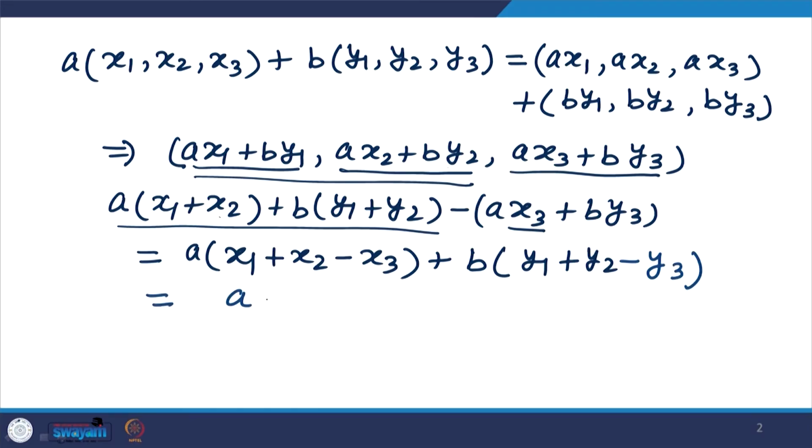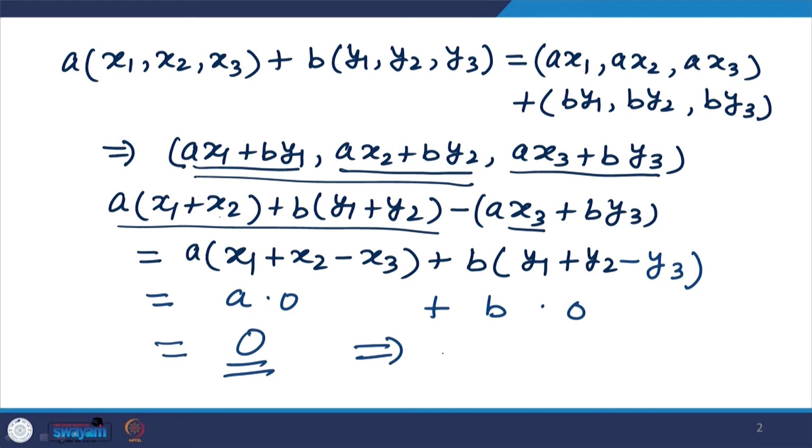This equals a times 0 plus b times 0, because (x1, x2, x3) is a vector of S, so x1 plus x2 minus x3 is 0. Similarly, (y1, y2, y3) is a vector of S, so y1 plus y2 minus y3 is 0, and this equals 0.